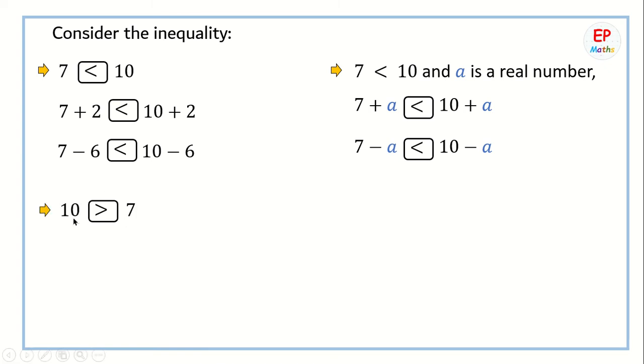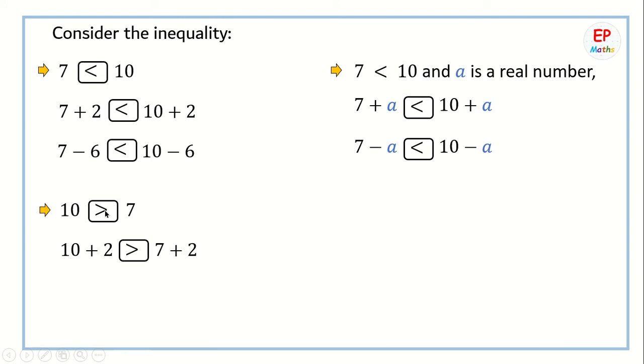We have 10 is more than 7. What happens if we add 2 on both sides of the inequality, or any other number that is the same? You see that 10 plus 2 is 12, 7 plus 2 is 9, and we know that 12 is more than 9.